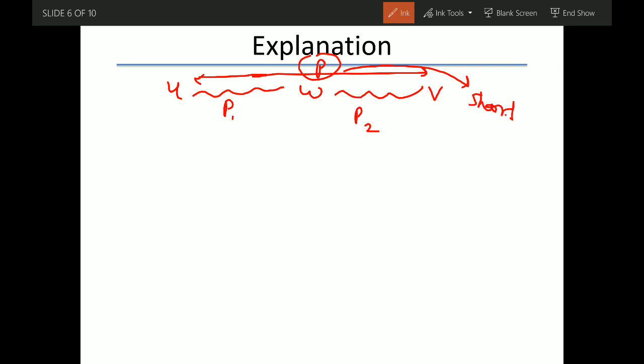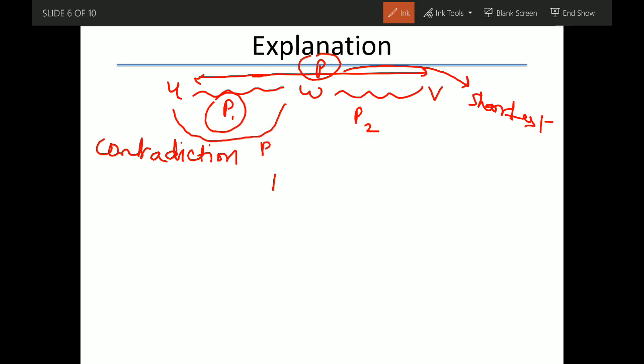We are assuming that P is the shortest path, and the claim is that P1 will also be the shortest. So now assume a contradiction. The contradiction is that P1 is not the shortest, and there is another path from U to W, let's say P1 dash, which is shorter compared to P1.